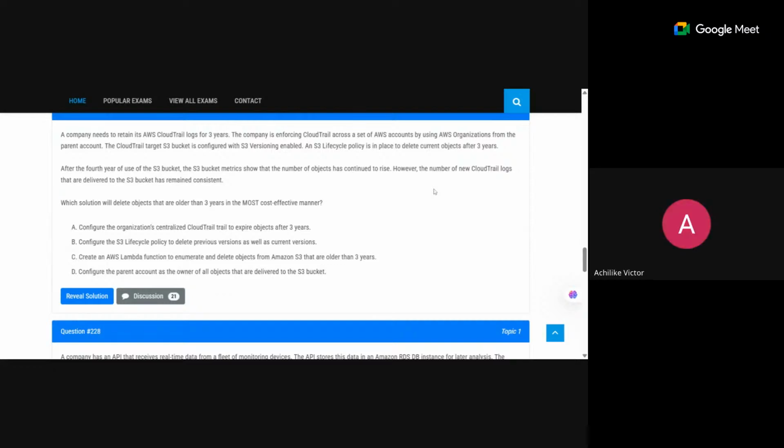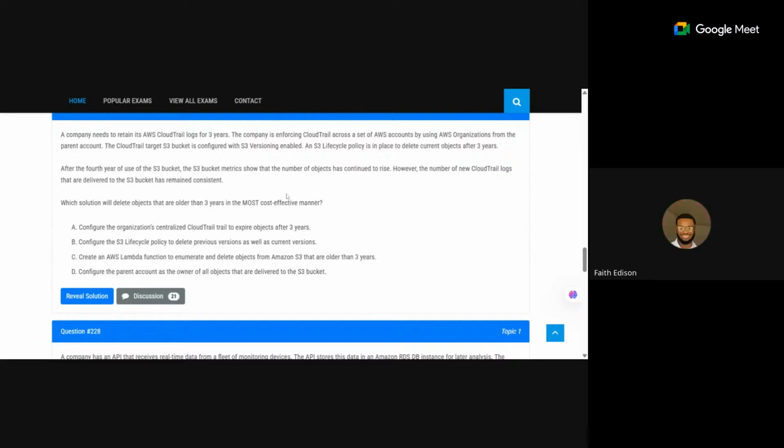After the fourth year of use of the S3 bucket, the S3 bucket metrics show that the number of objects has continued to rise. However, the new CloudTrail logs that are delivered to the S3 bucket have remained consistent. Which will delete the objects that are older than 3 years in the most cost-effective manner?